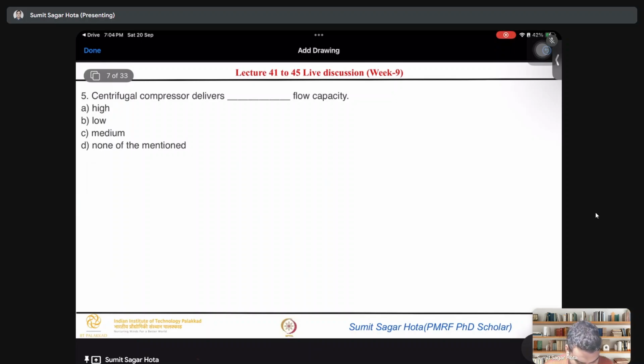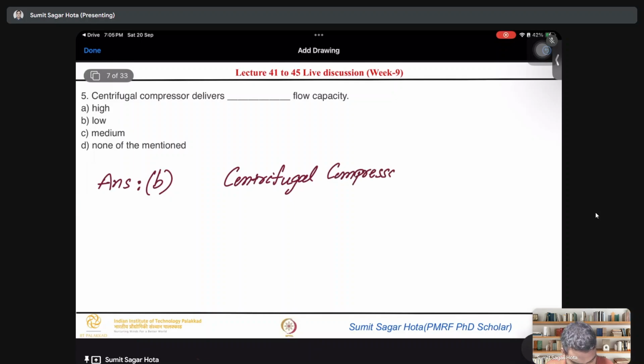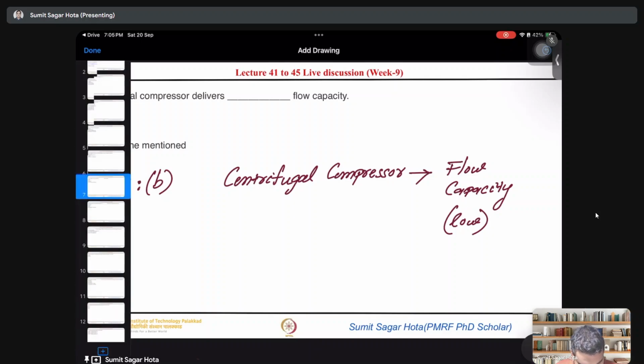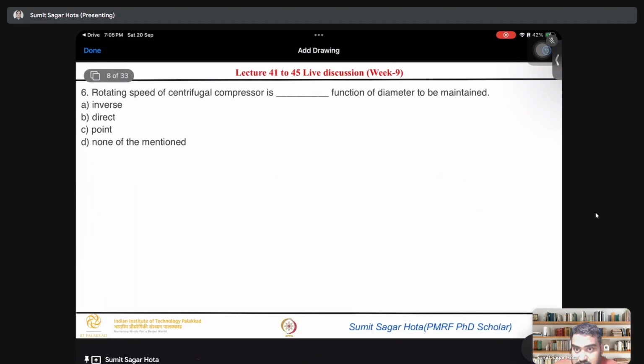Next: the rotating speed of a centrifugal compressor is dash function of diameter to be maintained.